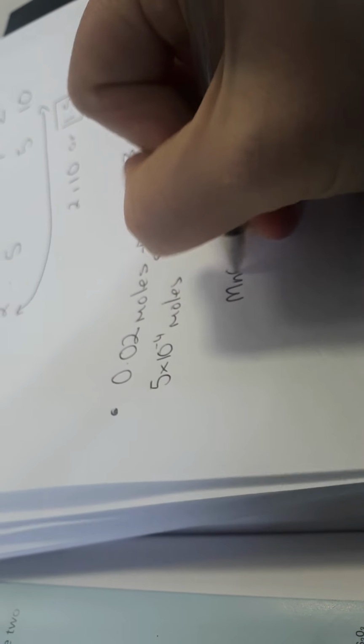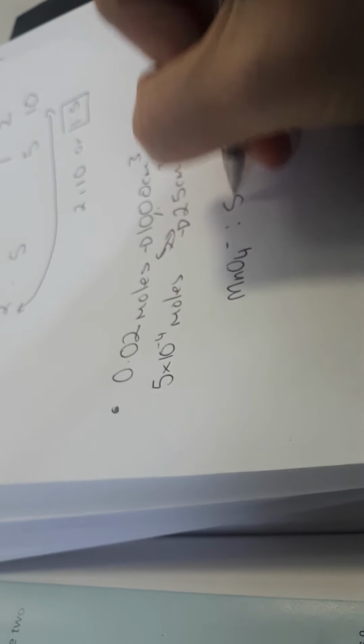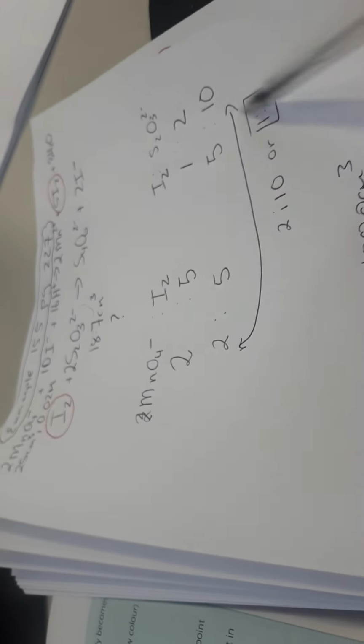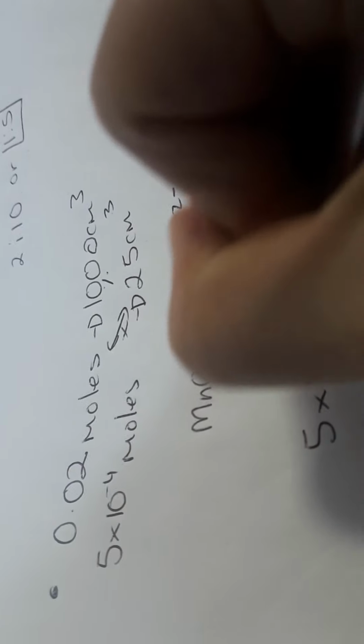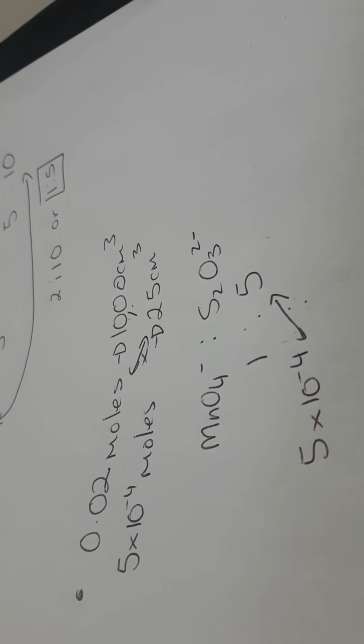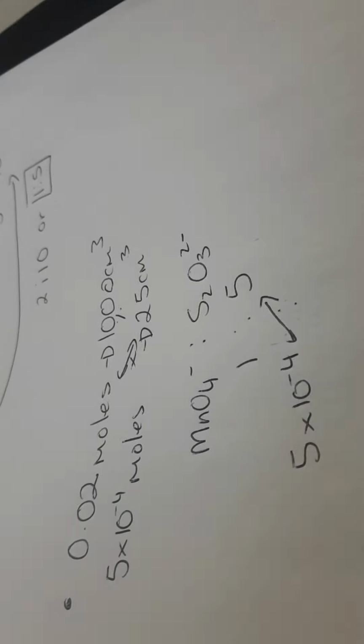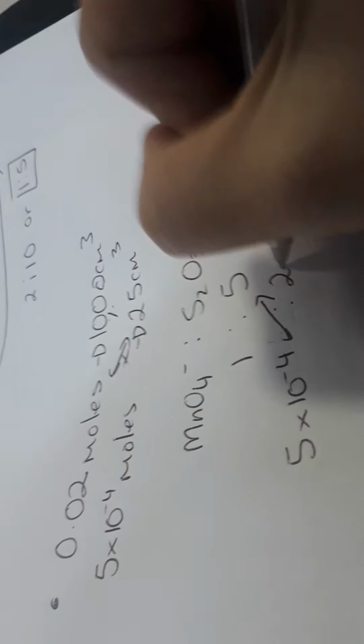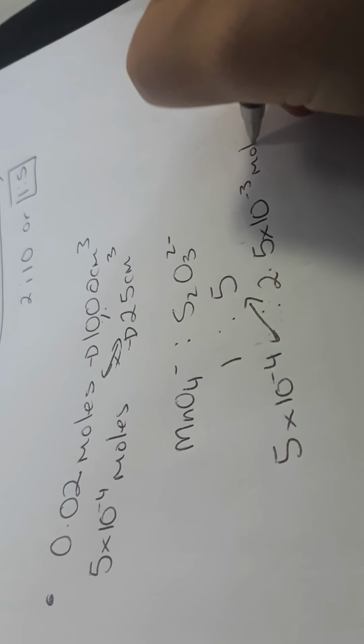Now, in this question, I'm asked for my sodium thiosulfate, and that's where I have to work out this ratio here. So I've worked it out that it's 1 is to 5. So 5 by 10 to the minus 4 moles of potassium permanganate is going to give me 5 times more of sodium thiosulfate. So 2.5 by 10 to the minus 3 moles.